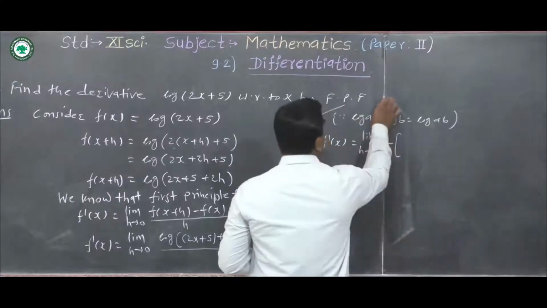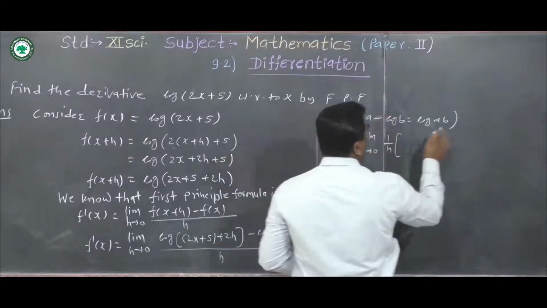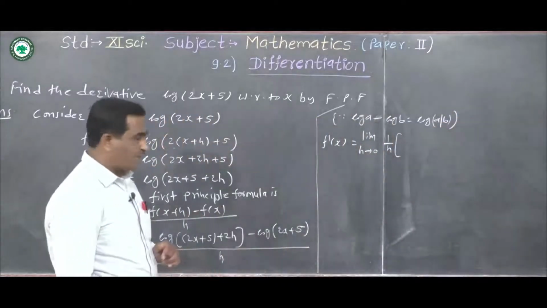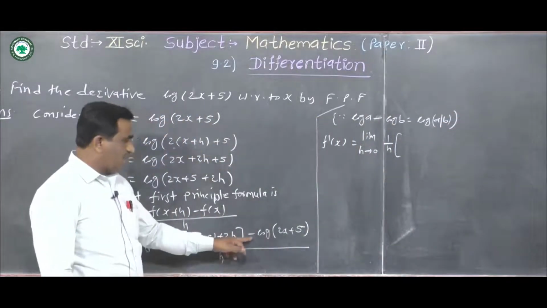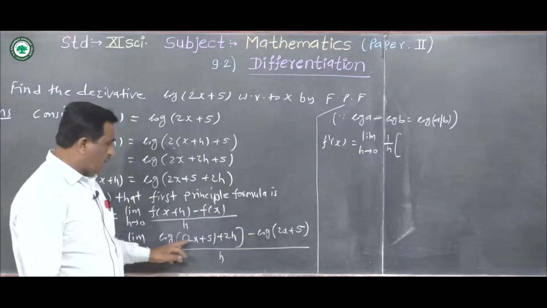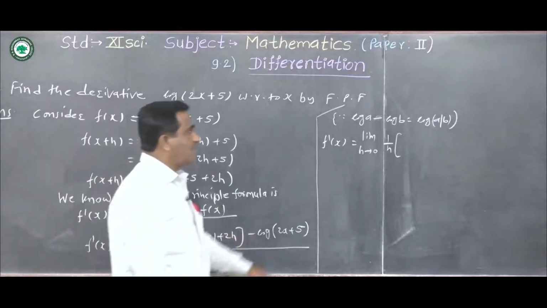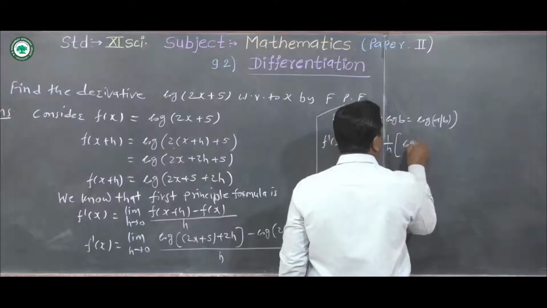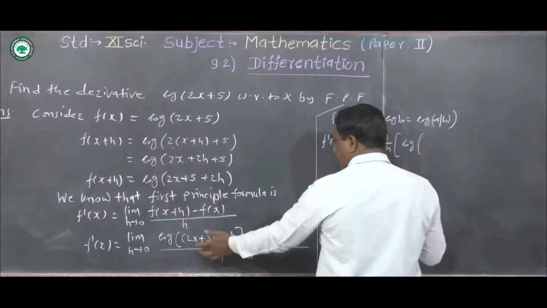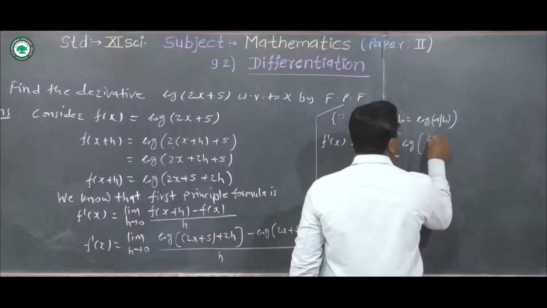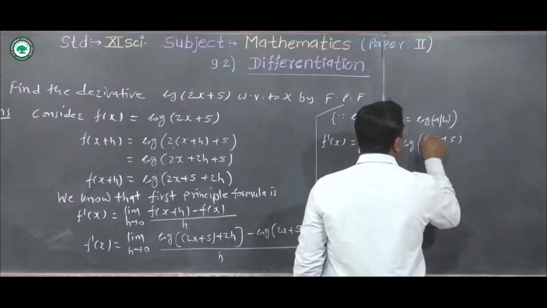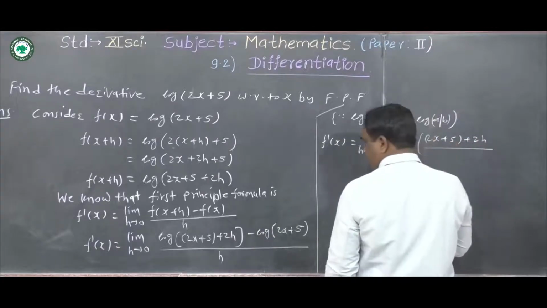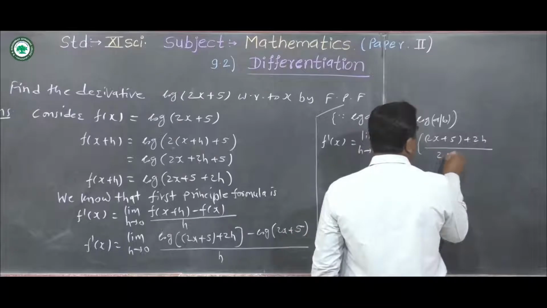Log a minus log b means we can write log of a upon b. Here is the minus sign, therefore we use the log a minus log b formula, log a upon b. That is, we can write log of, in bracket, a means 2x plus 5 plus 2h, upon b, 2x plus 5.